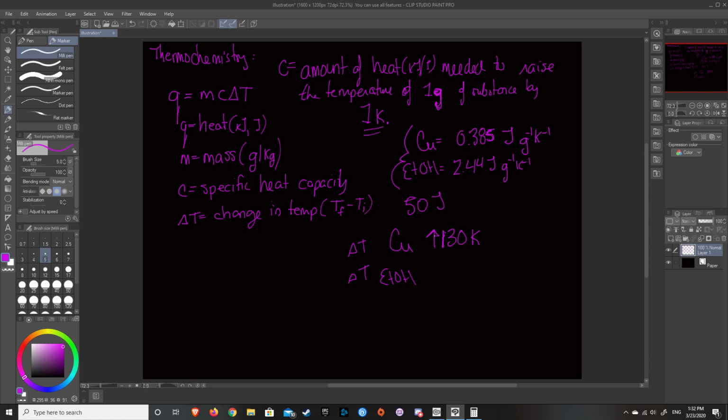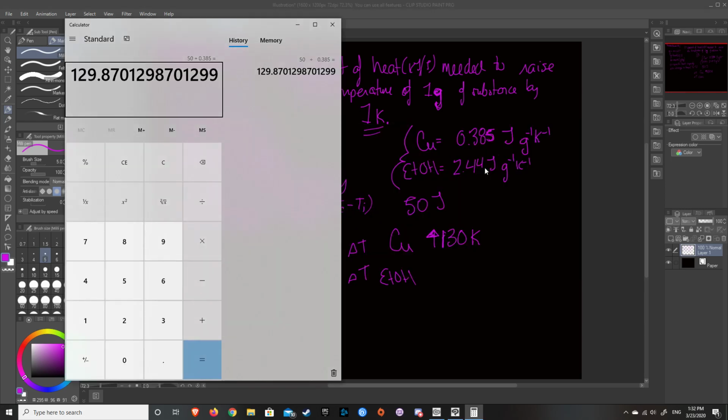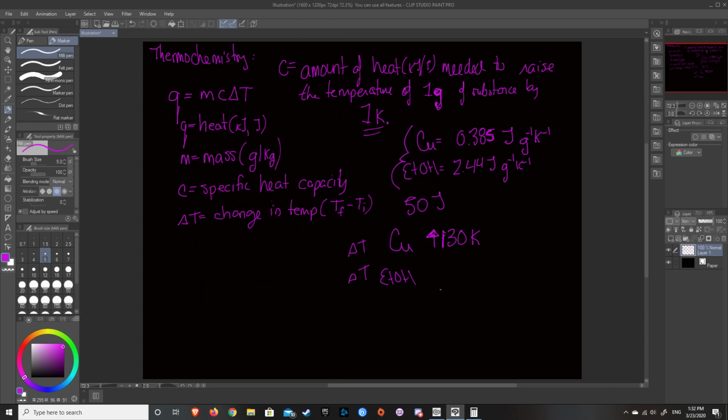Whereas for the ethanol, we do 50 divided by 2.44. We're going to get 20.5. So we're going to increase the temperature by only 20.5 Kelvin. This is just assuming that we only have 1 gram of substance.